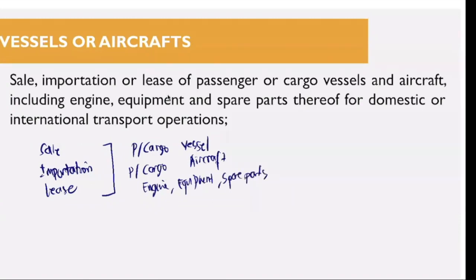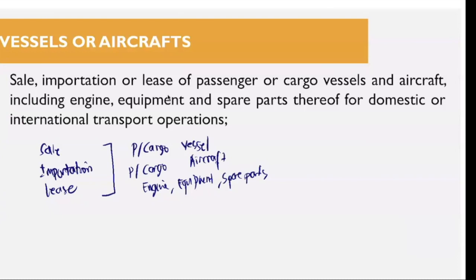So, what are the transactions? Sale, importation, or lease. Of what? Passenger or cargo vessel. Sir, what do we mean by a passenger or cargo vessel? When we talk about your vessel, these are the different vehicles that is normally used for the sea. So if that particular vessel is for passenger or cargo, then it is considered exempt.